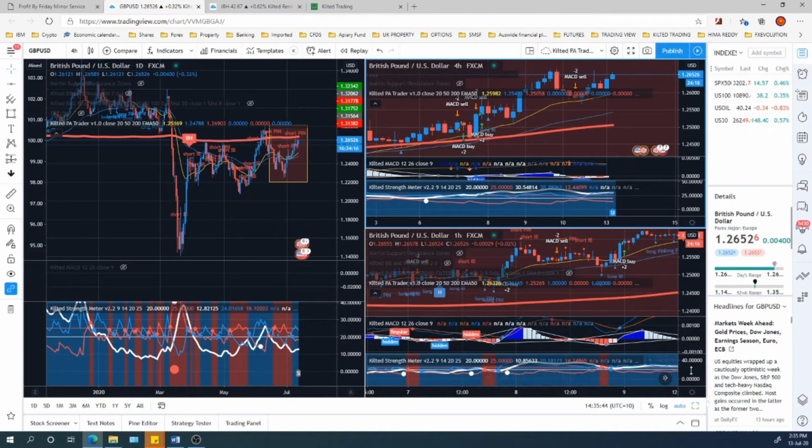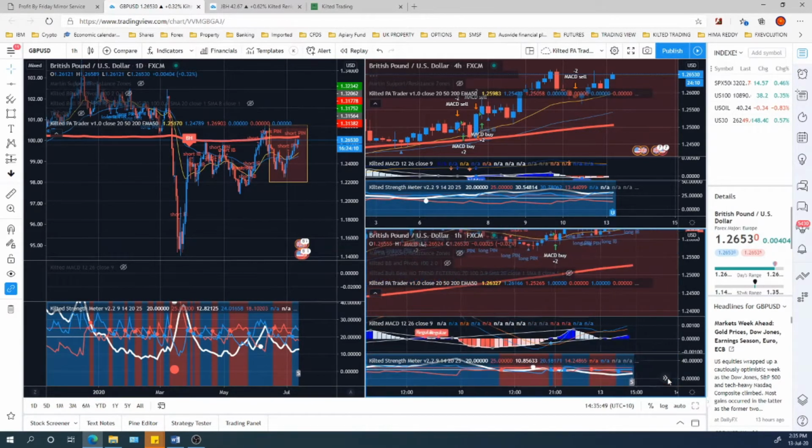If we move this one down a little bit, and move this one over, let's see what this one's doing. On the daily, we've got sideways movement. On the 4 hour, we've got an uptrend, as we can see here with the moving averages. And on the 1 hour, where we'll be looking to take entries, we're going a bit sideways according to the Kilted Strength Mirror.